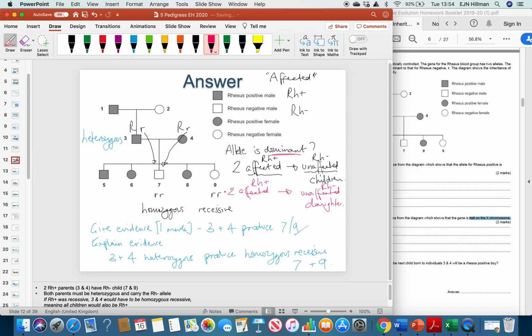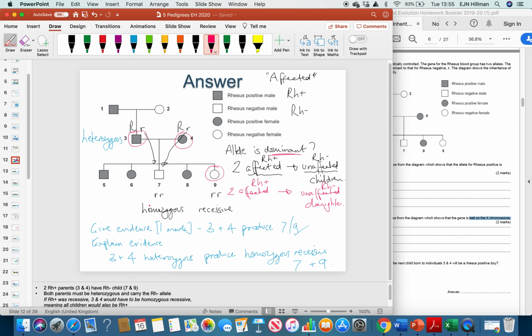Okay, so that's what we want to look for: two parents with that particular condition caused by the dominant allele, producing a phenotype in their daughter which is determined by the recessive allele. So here we have individuals 3 and 4 producing this daughter 9. So why is that?